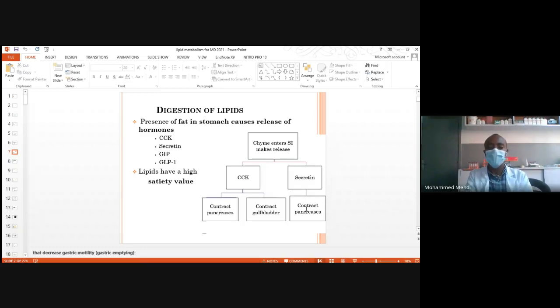Secretin is important to stimulate, again, the pancreas. So the pancreas is an accessory organ for the digestive system. The gallbladder also stores bile salt, which is synthesized in the liver, and finally releases bile salt into the small intestine.